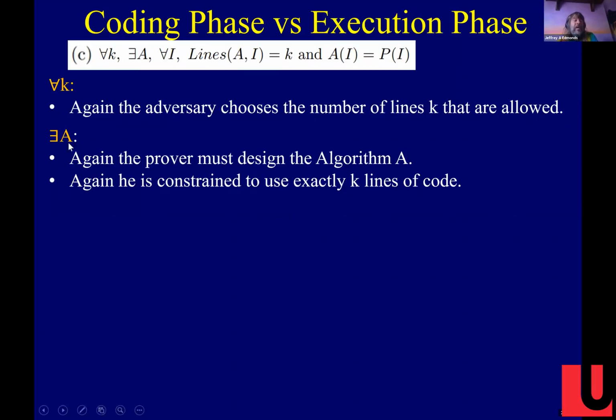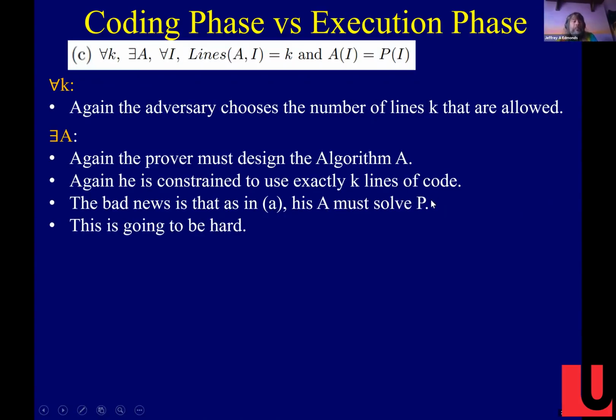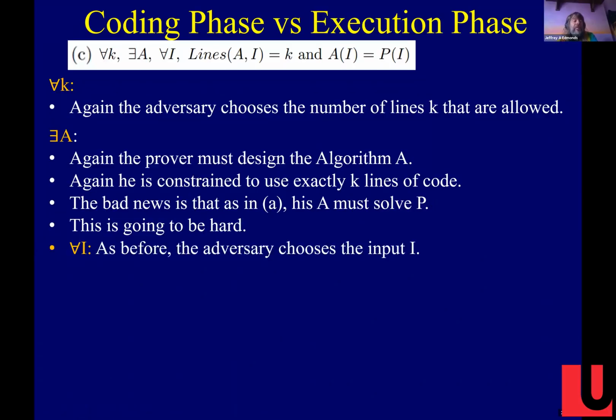And now look at, he has come up with this algorithm, and as before, he's constrained that it has K lines of code. But the bad news is that now it must also solve computational problem P. And he knows this is going to be hard. He's a little worried about it.